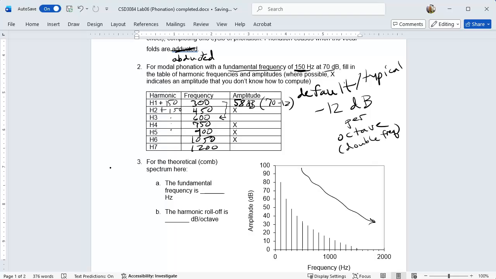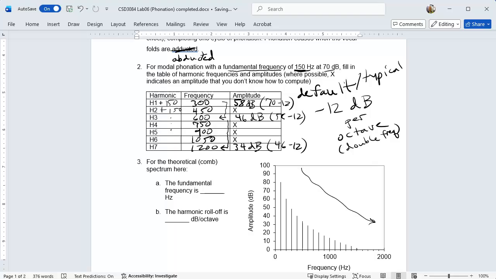So when we get up to that third harmonic, we would have 12 fewer, so 46 dB, which would be that 58 minus 12. And then our next doubling takes us all the way down to the 7th harmonic. So we would drop another 12, which takes us down to 34 dB. That 46 minus 12.